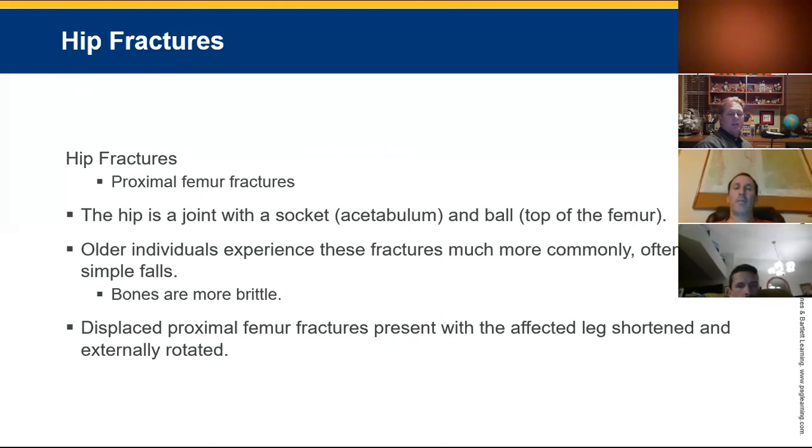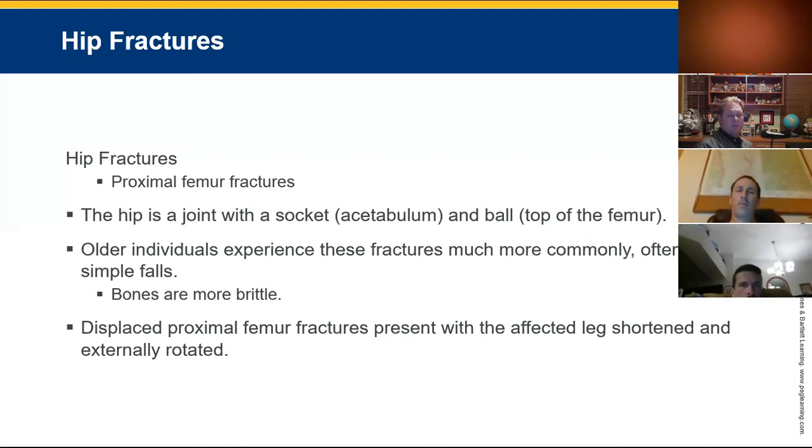Hip fractures, hip dislocations. They usually present with a lot of pain. Again, it's a large joint attached to the largest bone, so you have a lot of risk for damage to nerves and blood vessels in that area.